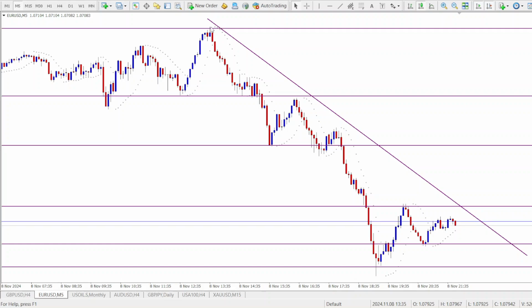Now you just have to watch out for when the parabolic SAR appears above the candlesticks. Once it appears above the candlesticks, just wait for about two to three of these parabolic SAR dots.